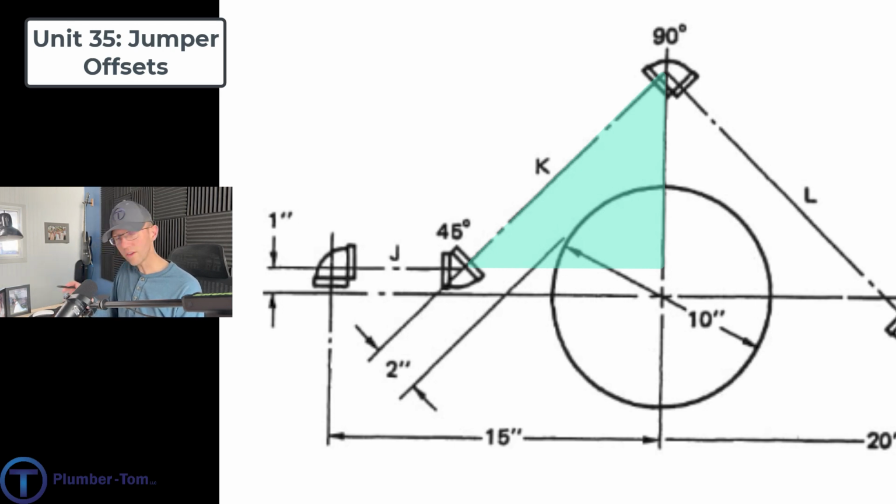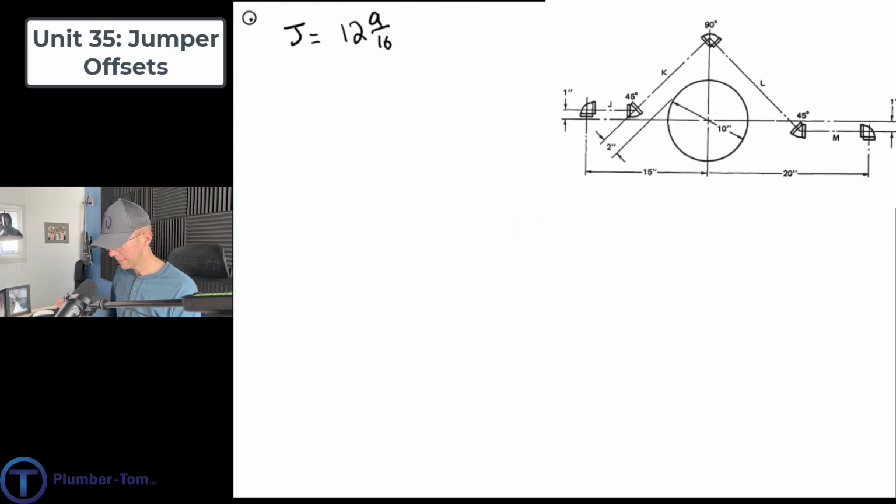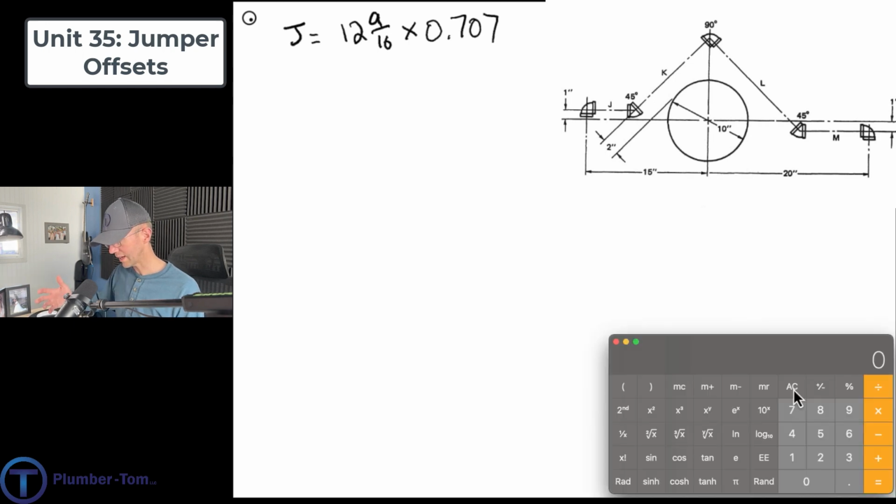and if we look at the fact that that is the diagonal for a triangle that would have a side that goes from the center of the 45 to the center line of that circle. Basically, we just need to go back to that 0.707. Real quick, let's convert 9/16 into a decimal so we can play with that.